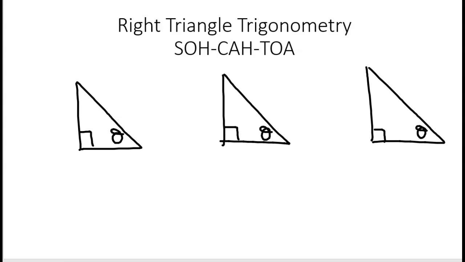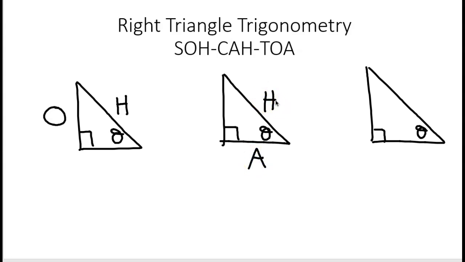Now the side that's across from that is what we call the opposite side, so I'm going to put an O. And we all know what a hypotenuse is. And the side that's next to it is called the adjacent side. Okay? So I could label this as an A here, but I'm not going to. I'll tell you why in a minute. Over here, I'm going to label it as an A, and I'll call this my H.